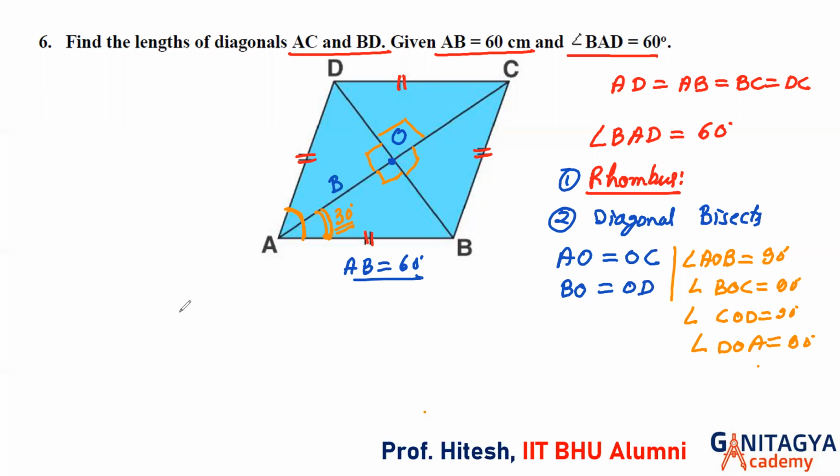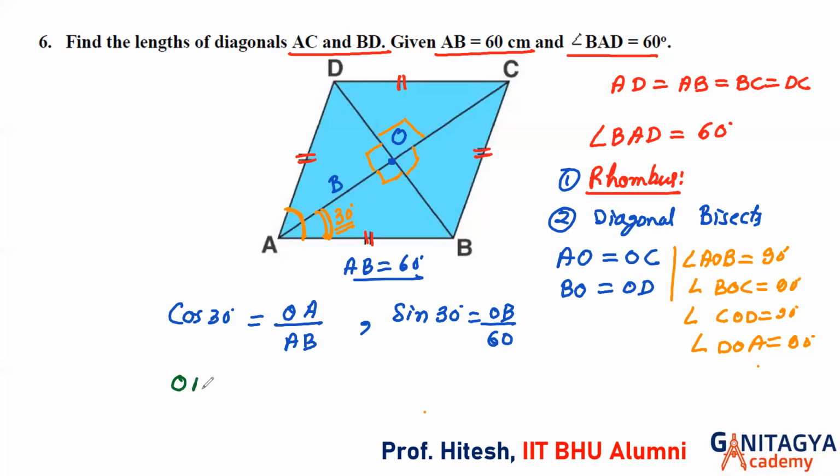So you can say that cos 30 will be, perpendicular, right, am I correct? sin 30 is equal to, yes, if you are finding first OB, so it is OA upon AB and at the same time sin 30 will be OB upon 60, isn't it?